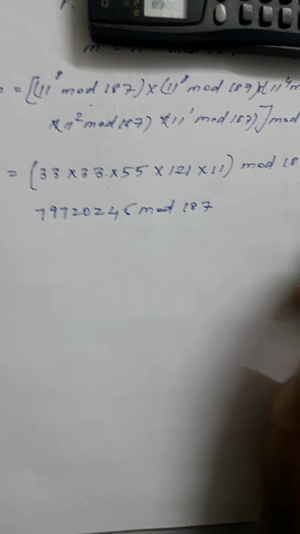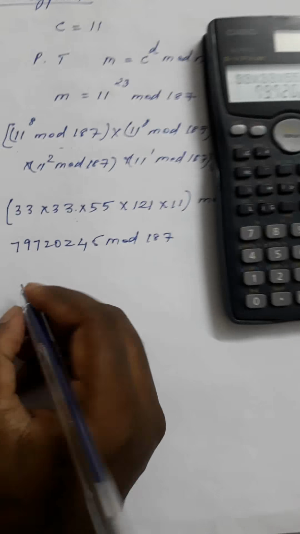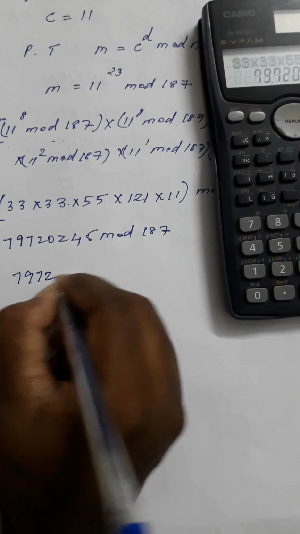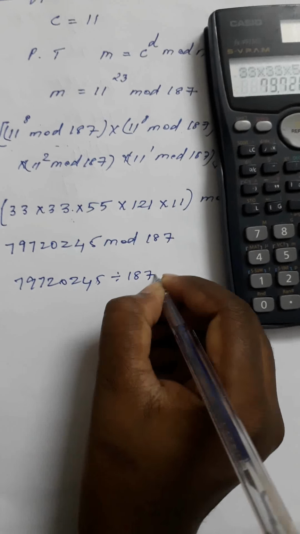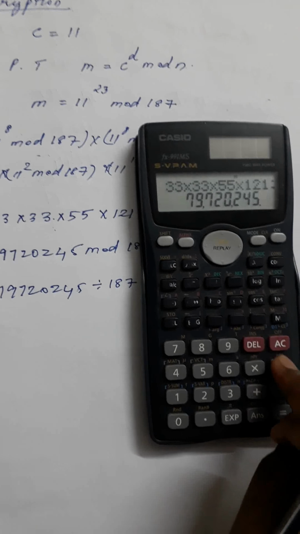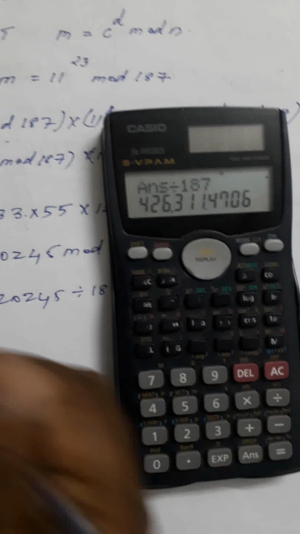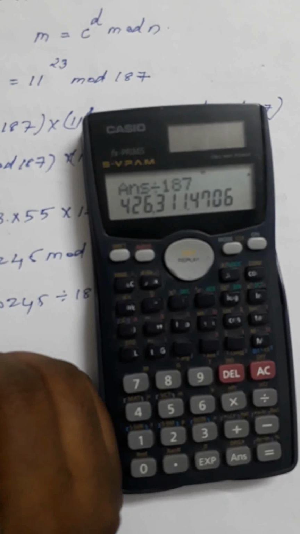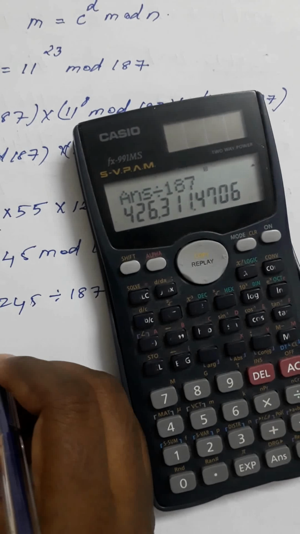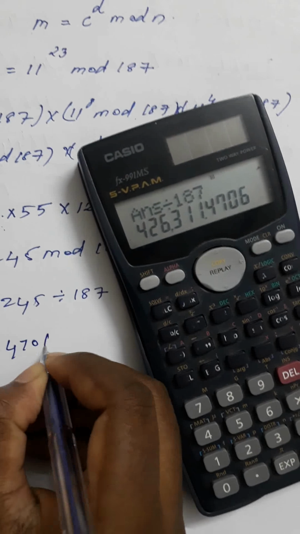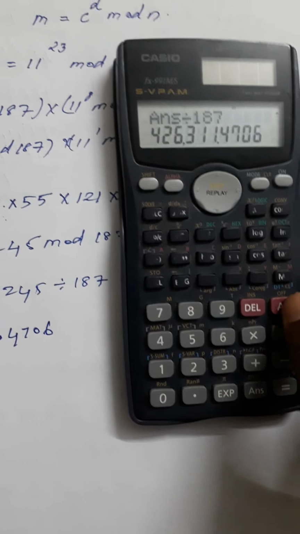Now we are going to solve the mod for this. Divide this value, 79720, by 187. We have the value of 426,311.4706. Take the values that is before the decimal point.